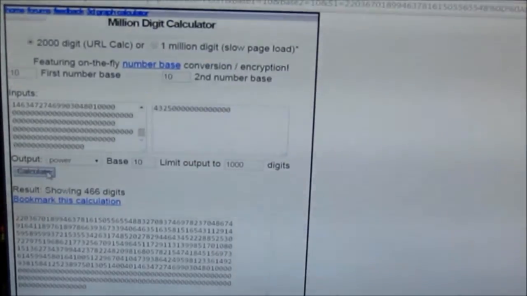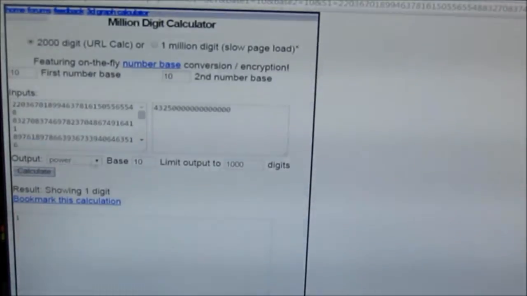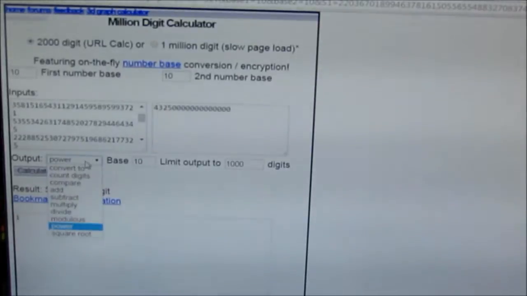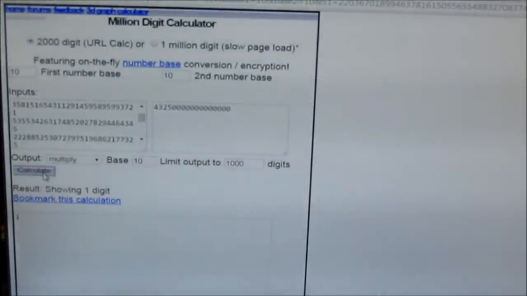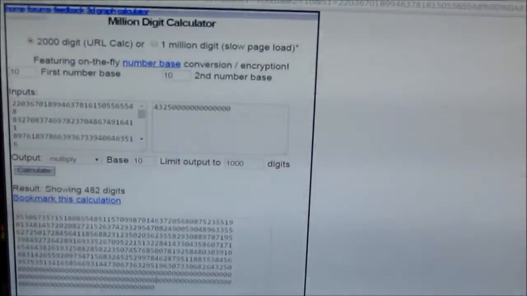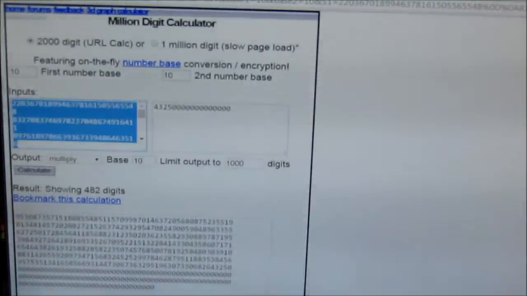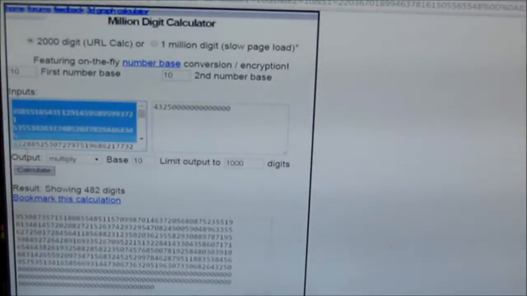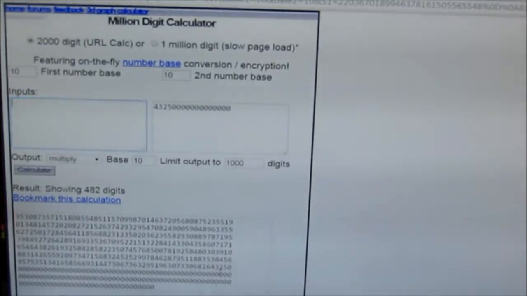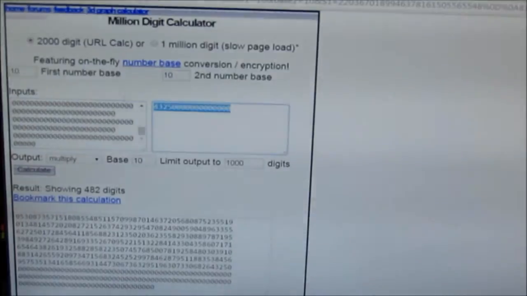Calculate that calculation. Okay, that doesn't do any good. Basically, you multiply. Okay, next you get this number, which you have to put in there again. So excuse the slow whatever.